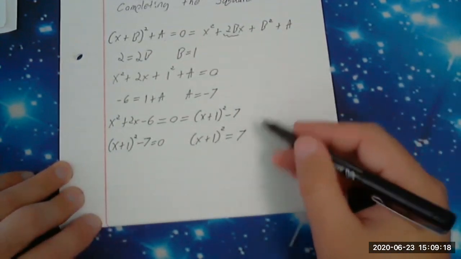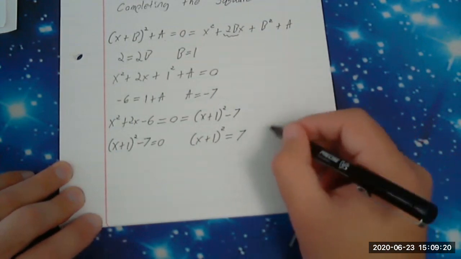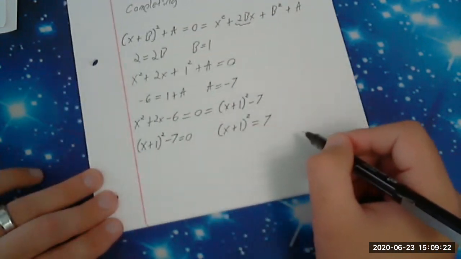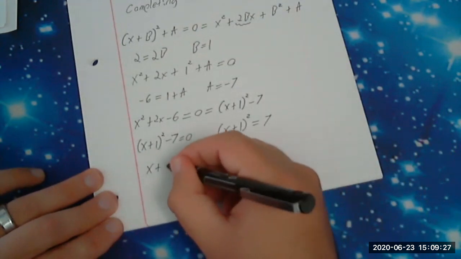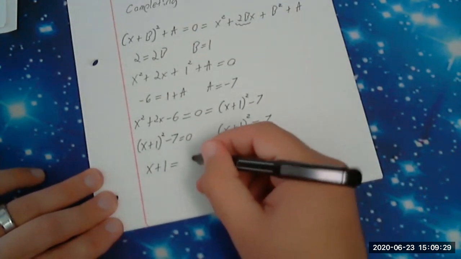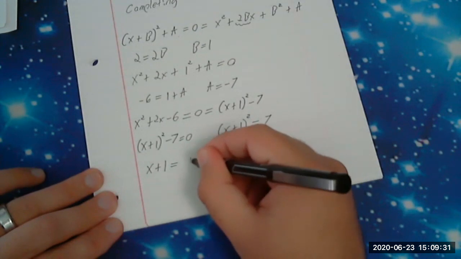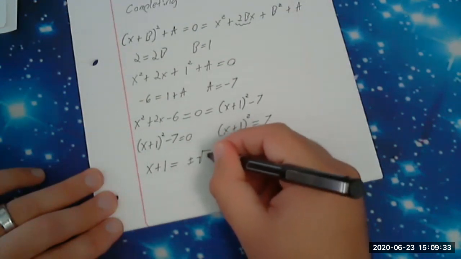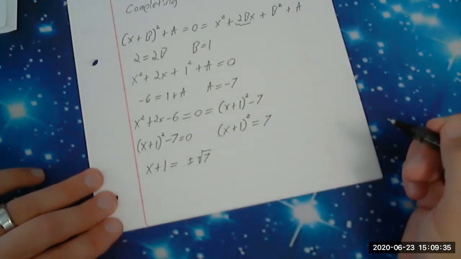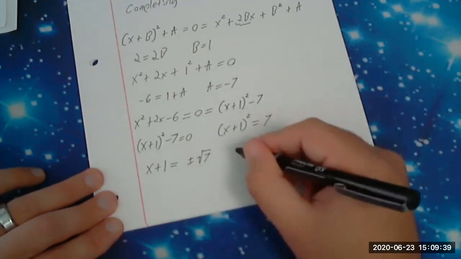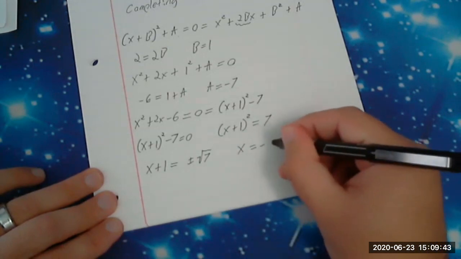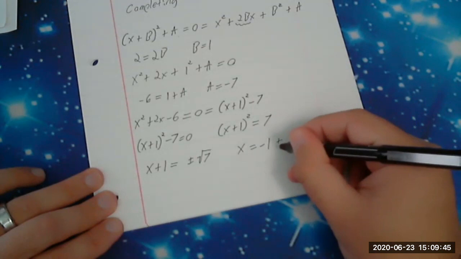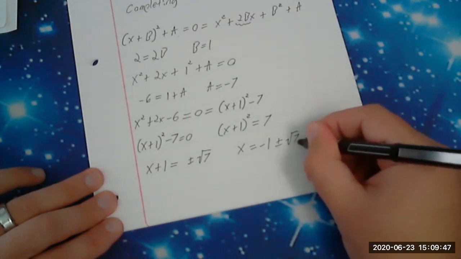So when you take the square root of something, that gives you x plus 1 equals plus or minus square root of 7. And then you move the 1 to the other side. And you get x equals -1 plus or minus square root of 7.